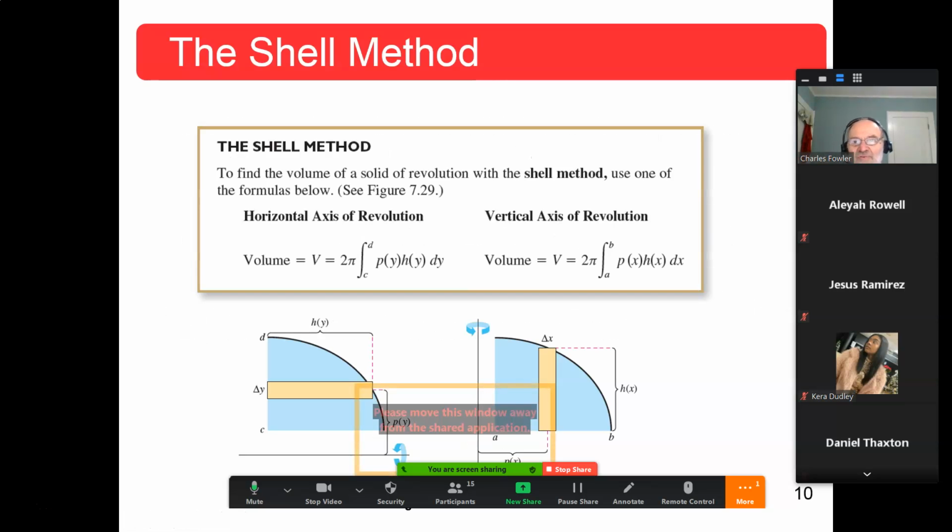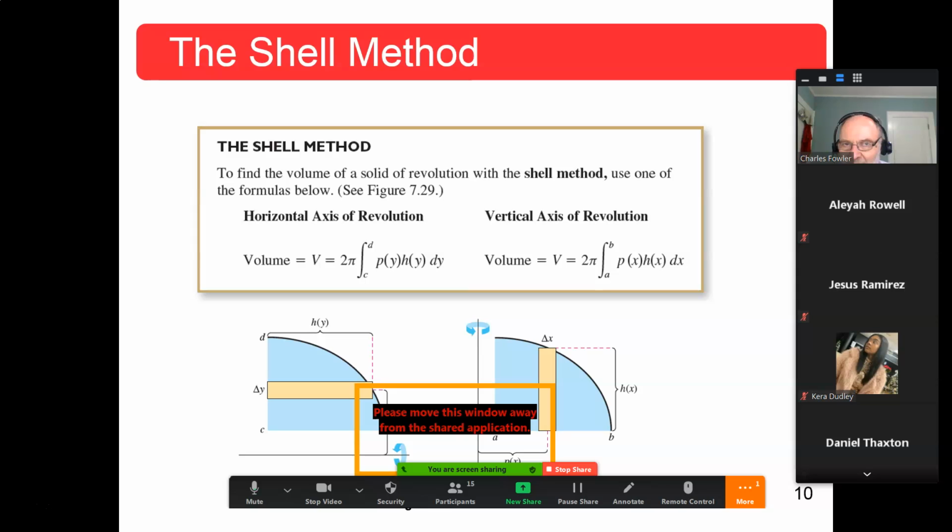Okay, so here's the shell method. To find the volume of revolution with the shell method, use one of the formulas here. If you have a horizontal axis of revolution, it's going around something parallel to the horizontal axis, then the volume would be 2 pi times the integral from c to d of p of y, h of y, dy, because your deltas would then be dy's. Now remember, in the disk method, your deltas were the same as your axis of revolution, okay?